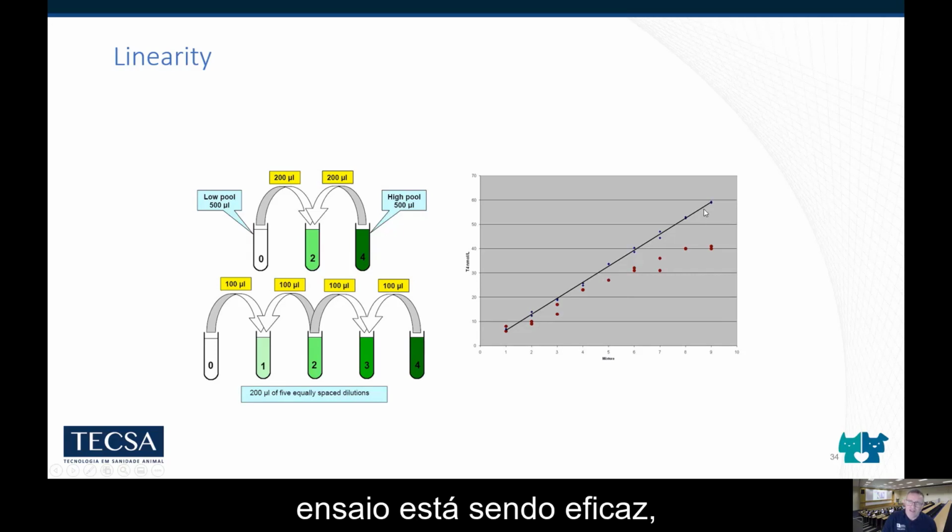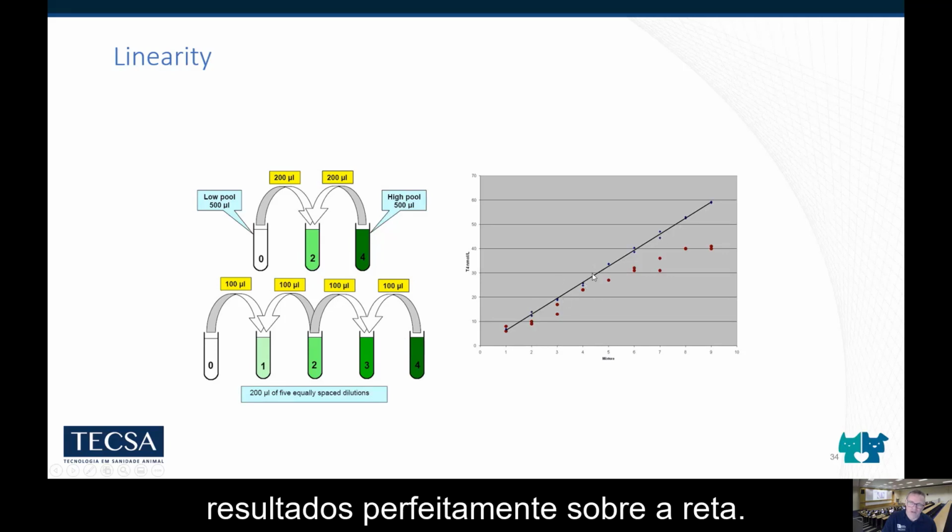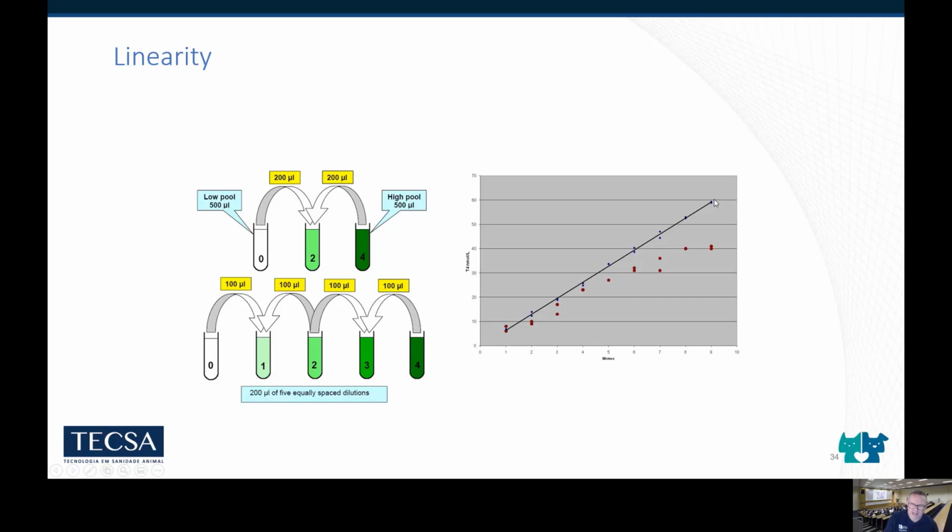So if an assay is working well, then we should get our middle result landing in a straight line between our high and low, and all of these other samples should generate a result that lands perfectly on that line. It tells us about the internal consistency of the assay.